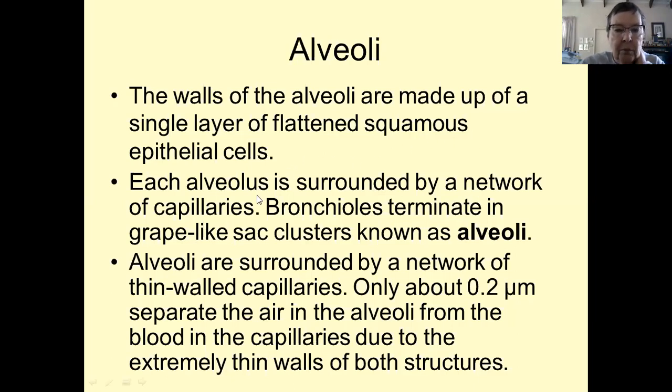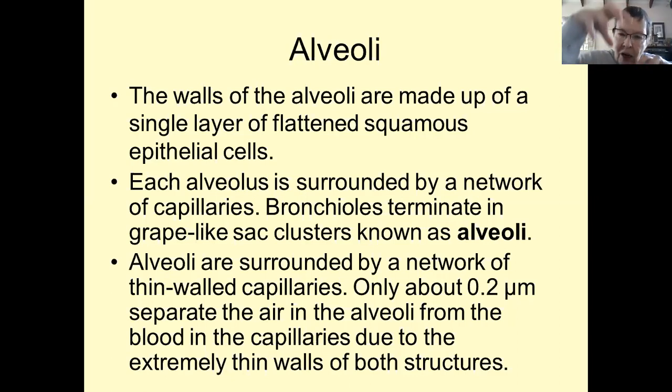Okay, I told you that each alveolus is surrounded by a network of capillaries. So what you need to think of is when you go past a person at the robot who is selling avocados. They've got a bag of avocados, and that bag is made of a green network of nylon, and the avocados are inside.